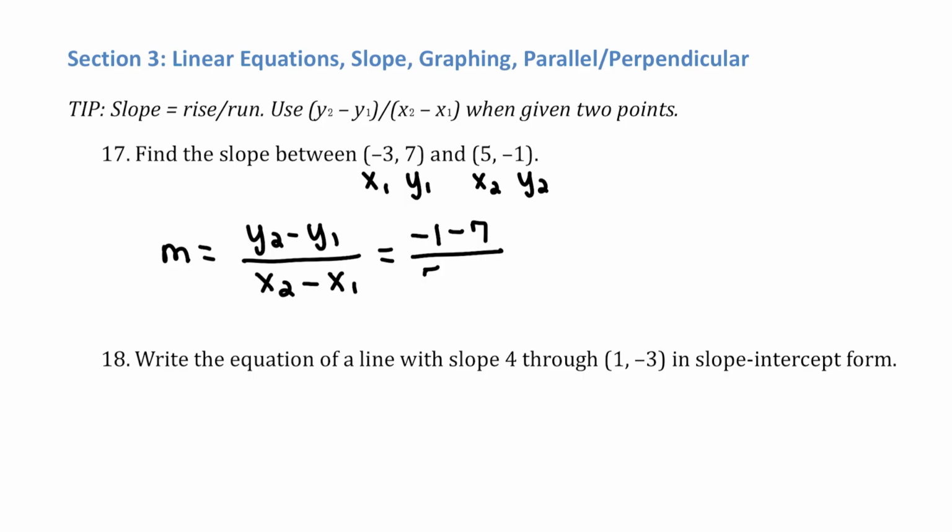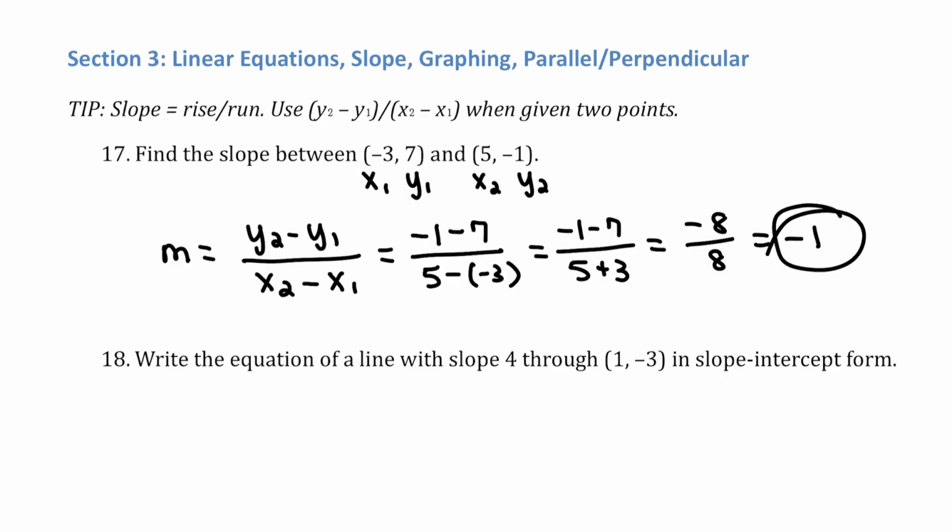Then you have x2, which is 5, minus x1, which is -3. That turns into a double negative, so we have -1 minus 7 over 5 plus 3. That will be -8 over +8, which is -1. And that is our answer.